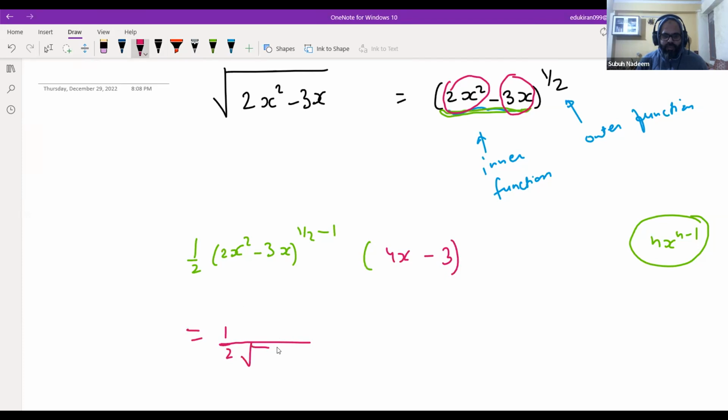So it will become the denominator, root over 2x square minus 3x, and 4x minus 3 will be in the numerator. So instead of taking 1 here, we can simply take 4x minus 3. So this will be your answer. Getting the point?